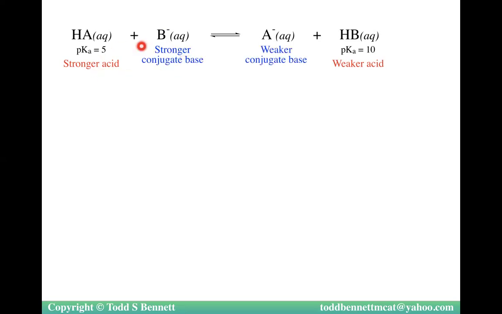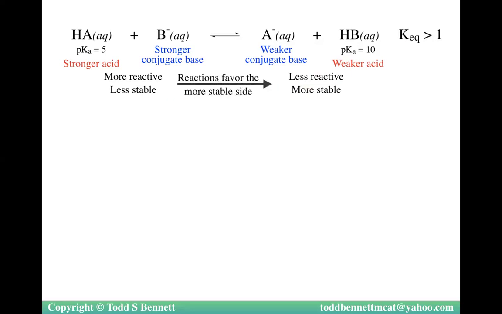So stronger reagents mean more reactive, weaker means less reactive or more stable. So it's going to go from more reactive to less reactive, or if you will, less stable to more stable. So again, reactivity is the opposite of stability. Things want to go to the more stable side.